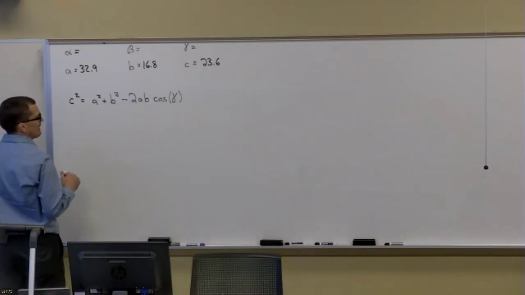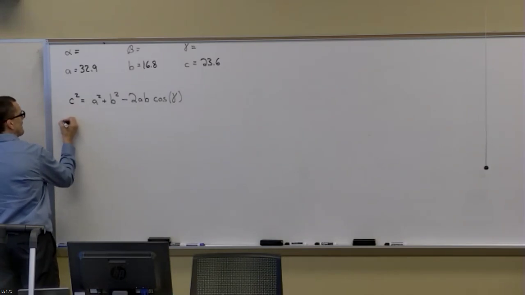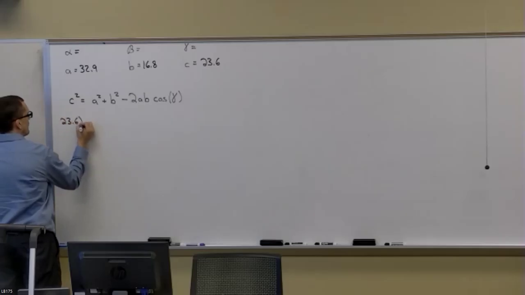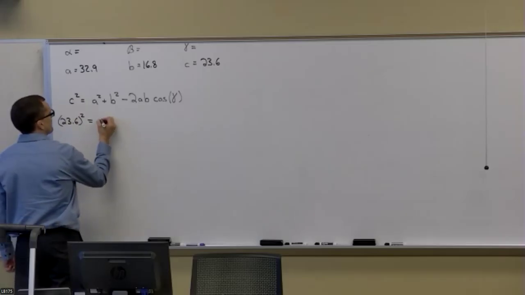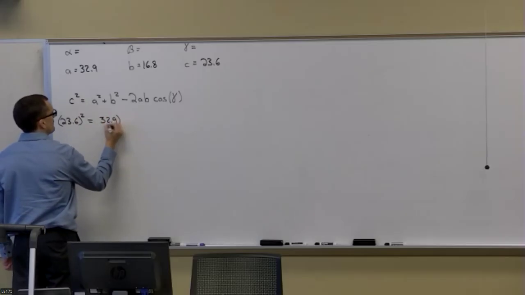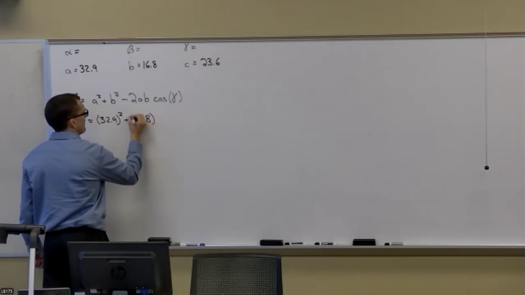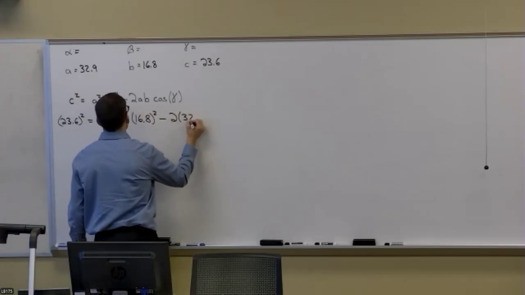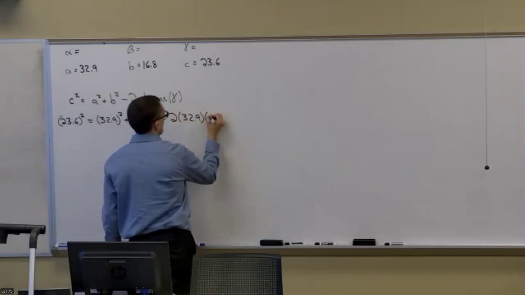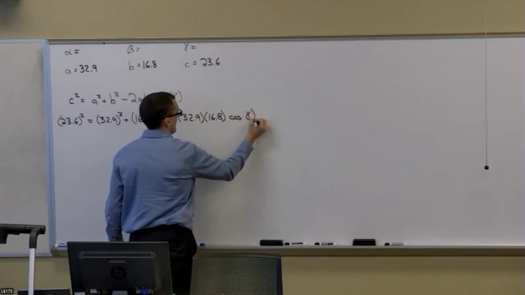I'm going to use cosine of gamma, and that's going to force the c squared to be on the left-hand side. In my case, that's 23.6 squared. On the right-hand side, I'm going to get 32.9 squared plus 16.8 squared minus 2 times 32.9 times 16.8 times the cosine of gamma.